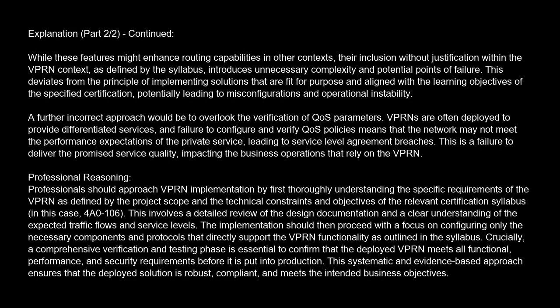While these features might enhance routing capabilities in other contexts, their inclusion without justification within the VPRN context, as defined by the syllabus, introduces unnecessary complexity and potential points of failure. This deviates from the principle of implementing solutions that are fit for purpose and aligned with the learning objectives of the specified certification, potentially leading to misconfigurations and operational instability.